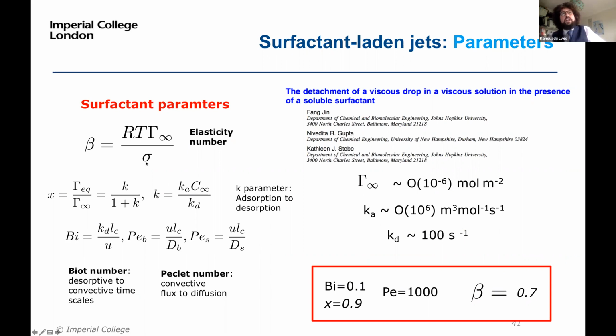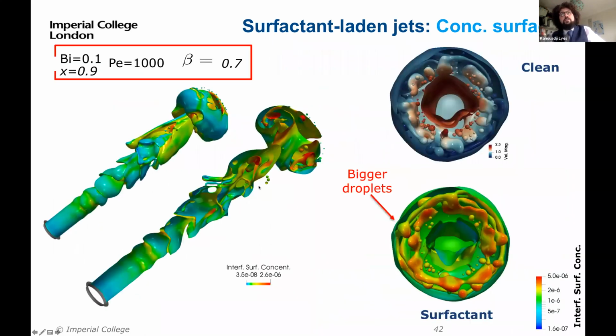Here the interface is colored with the surfactant concentration. At the top here is a clean mushroom-like structure, and at the bottom is the case with surfactant. And what you can see is that with the surfactant, you have bigger droplets. Here, the coloring is the velocity magnitude.